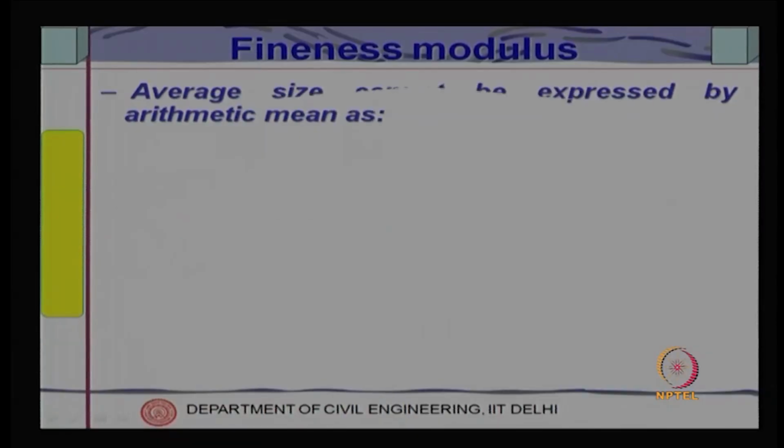So, let us look into fineness modulus. If you recall, in the last class we were talking about average size and description of aggregates. How do you describe them? One way is the grading, in which you talk of the proportion of aggregate in each size group, which we represent by square sieves.